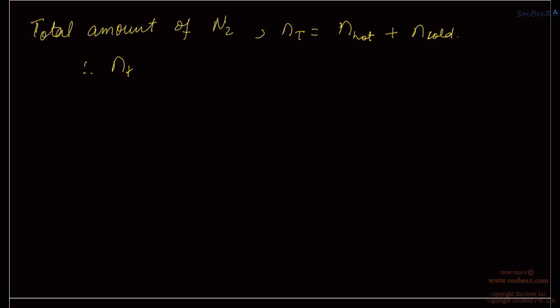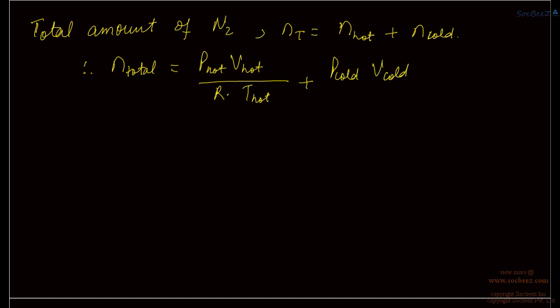Therefore N total equals P hot into V hot upon R into T hot plus P cold into V cold upon R into T cold.